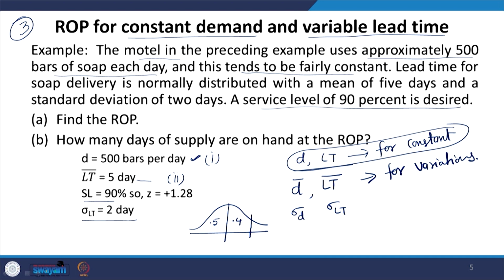So, this is the point where you are having 0.1 on this side. So, you are taking this much area under consideration, and here the value of Z is coming 1.28, because you want to fulfill 90% with this kind of situation.